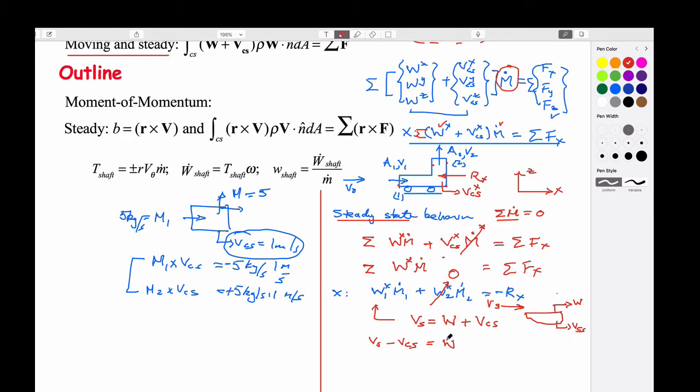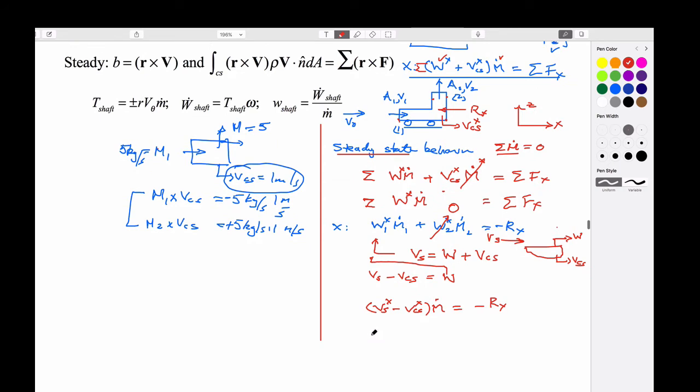And if I put this now in this expression here, we have static velocity minus, no, sorry, we don't have that. Static velocity minus velocity of the control surface, both in the x direction, and the mass flow rate is equal to minus Rx.